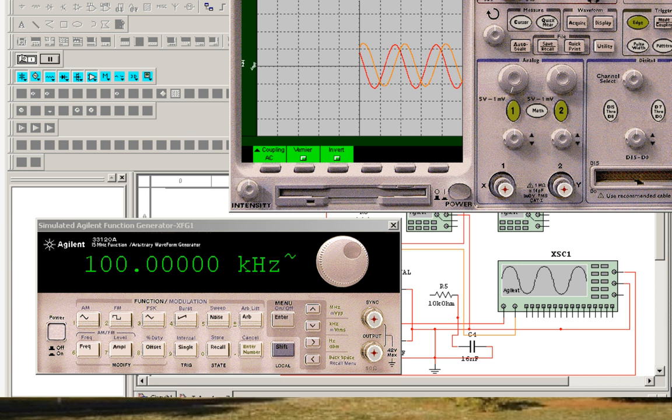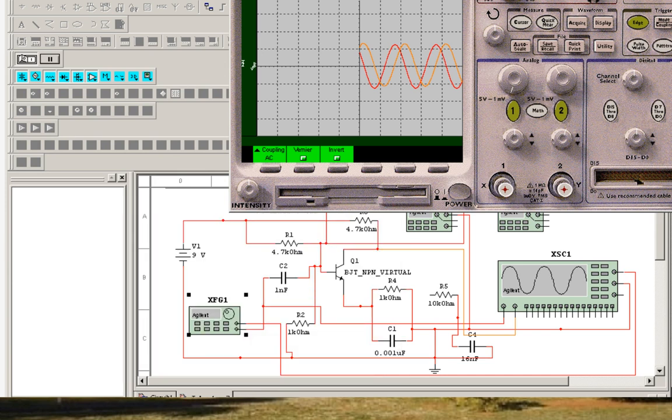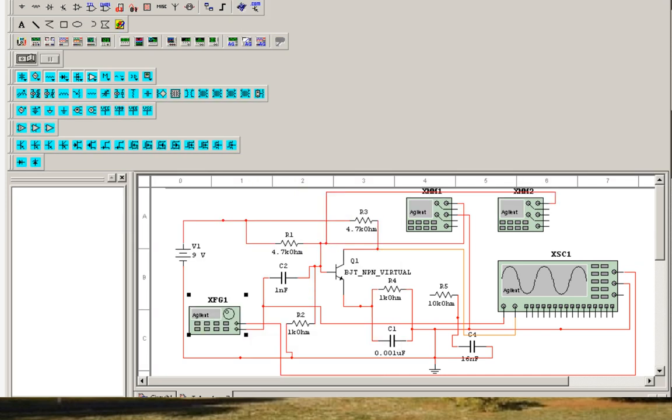So I could probably put a 10 nanofarad in there. If I put the filter in, it takes out the distortion.